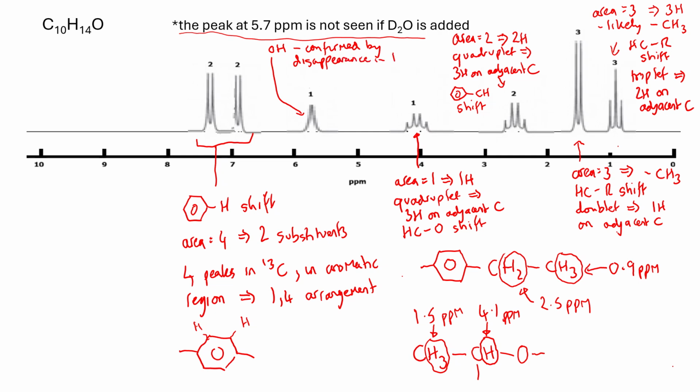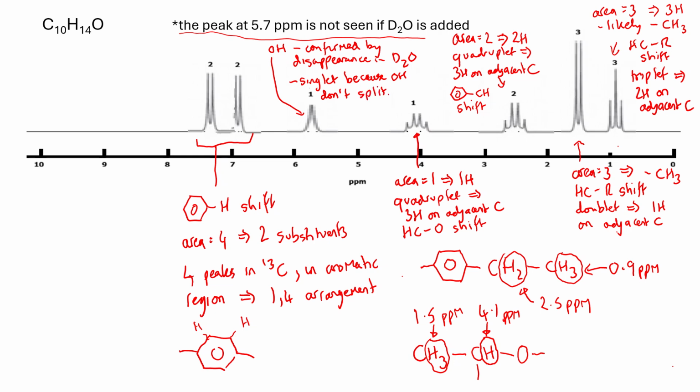It's also supported by the fact that it's a singlet, because remember, OHs don't split. Okay, so it's a singlet because OHs don't split. And OHs can have pretty much any chemical shift, so we don't really need to comment on that.